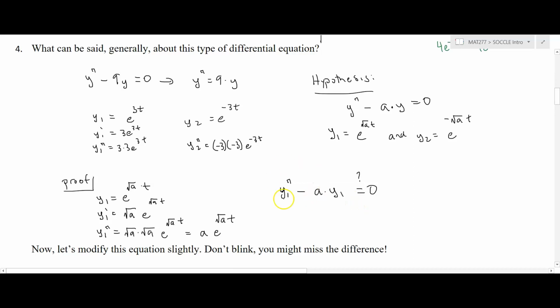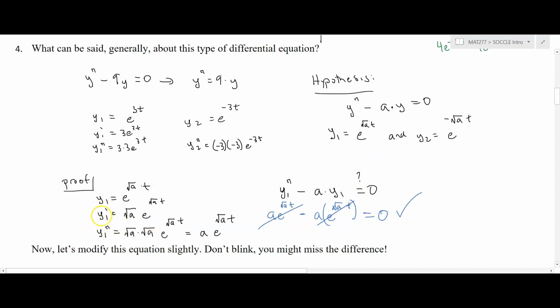That would have been fine as well, but putting it into the original equation, I see that y1 double prime is a e to the square root of a t minus a times y1, which is e to the square root of a times t. And I can see that those are exactly the same, and therefore they will cancel out and give us 0. And a similar argument can be made for the negative square root.